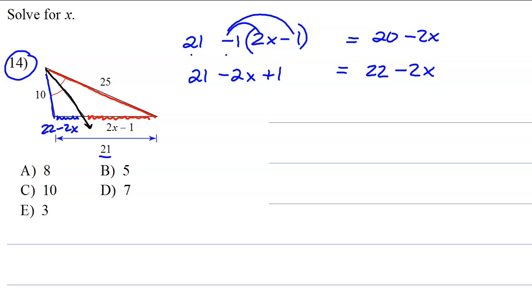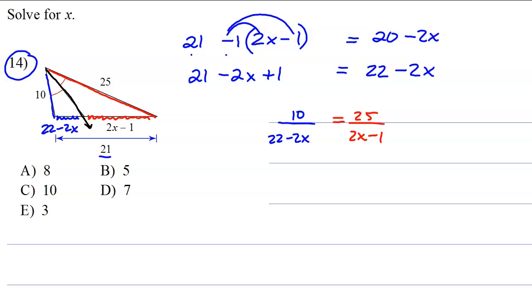So I'm going to work it out that way, but then I'm going to show you what I ended up doing. So then you can go 10 over 22 minus 2x, and then you can go 25 over 2x minus 1. No big deal.